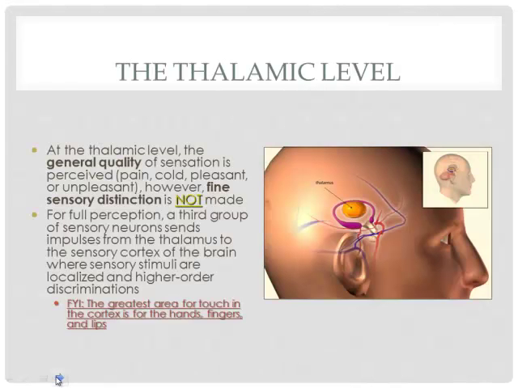So what happens when we go even higher, to the thalamic area? The thalamic area is what I call the relay station. We know that the spinothalamic tract and the posterior or dorsal columns are bringing these sensations, carrying these messages up to the brain.